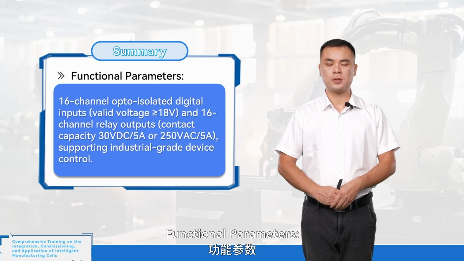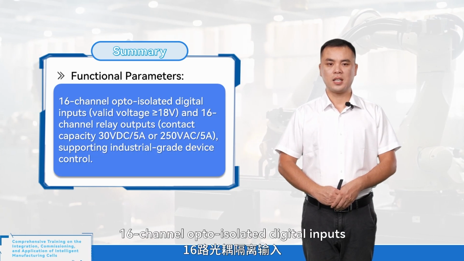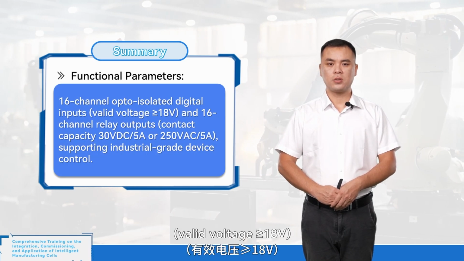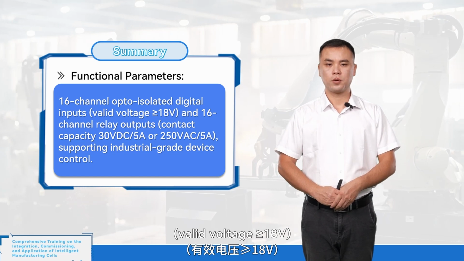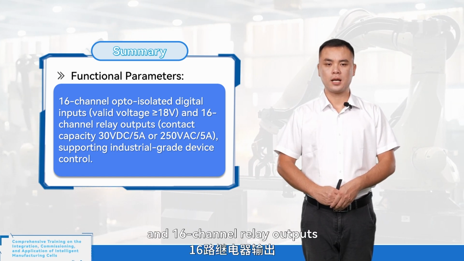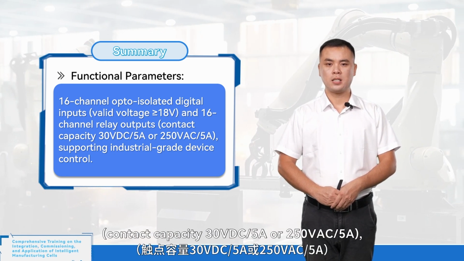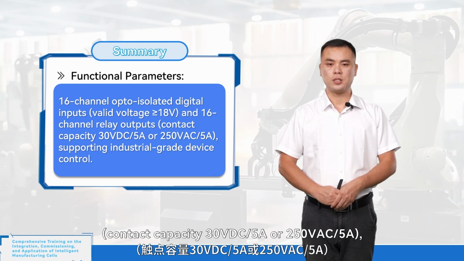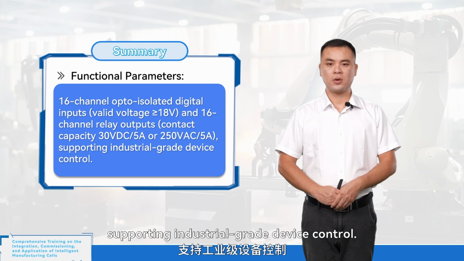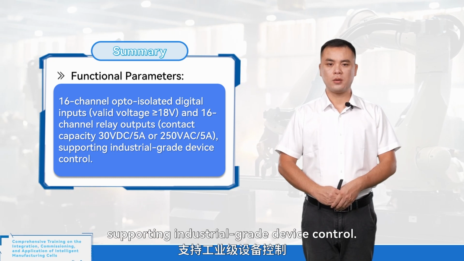Functional parameters: 16-channel opto-isolated digital inputs, valid voltage greater than or equal to 18 volts, and 16-channel relay outputs. Contact capacity 30 volts DC 5 amperes or 250 volts AC 5 amperes, supporting industrial-grade device control.